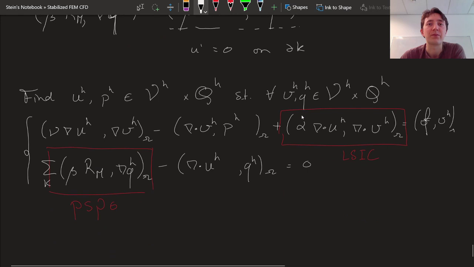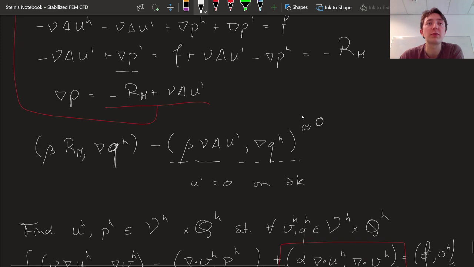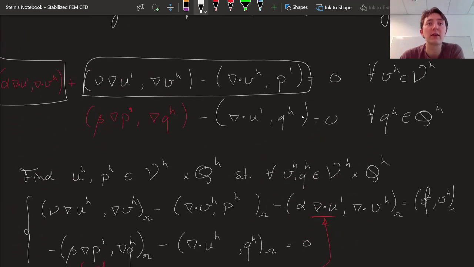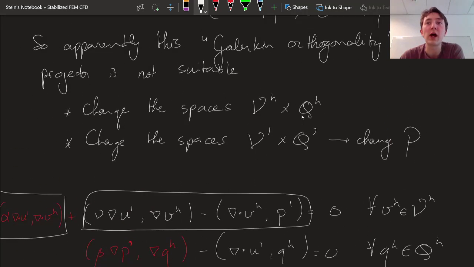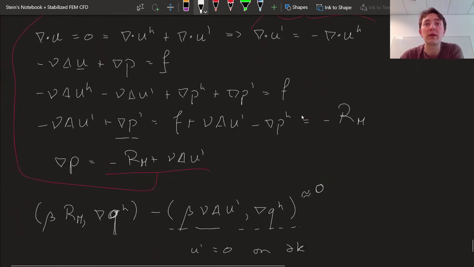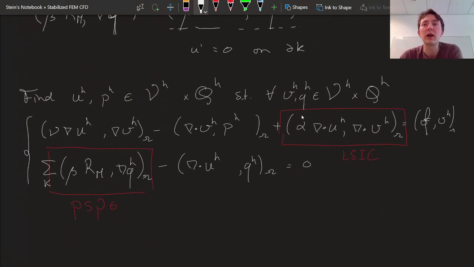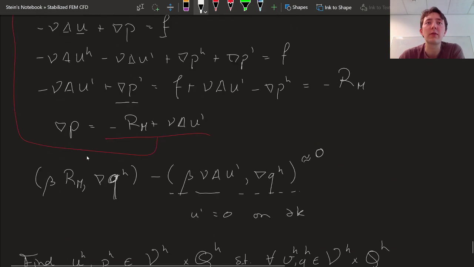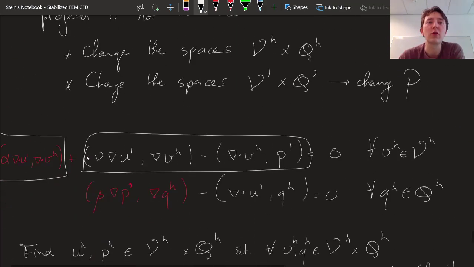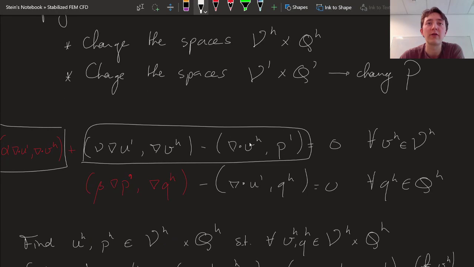So I would say it's somewhat of a different way of looking at things, but it gives a fresh perspective, because now we understand that these stabilization parameters for the PSPG and LSIC method are not necessarily immediately linked to the modeling of the fine scale, but they're immediately linked to the definition of our projector, right? The one that we have right here.